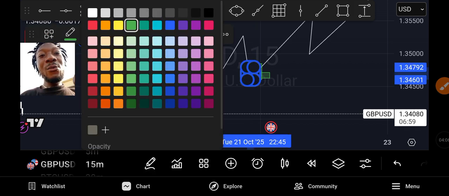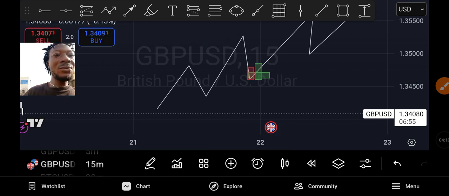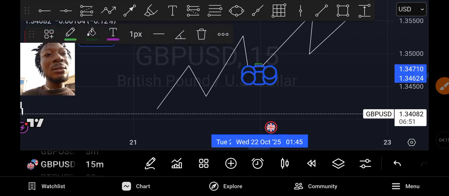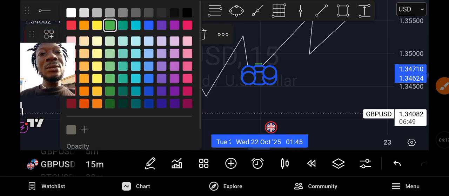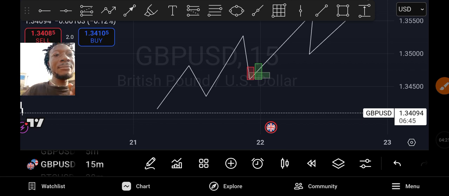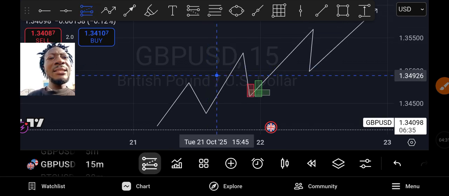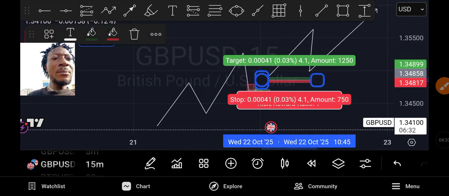I want you to understand exactly how you can catch these moves. Around this zone, you wait for an engulfing candlestick. From that engulfing candlestick, you take your entry. Let's say you buy here.